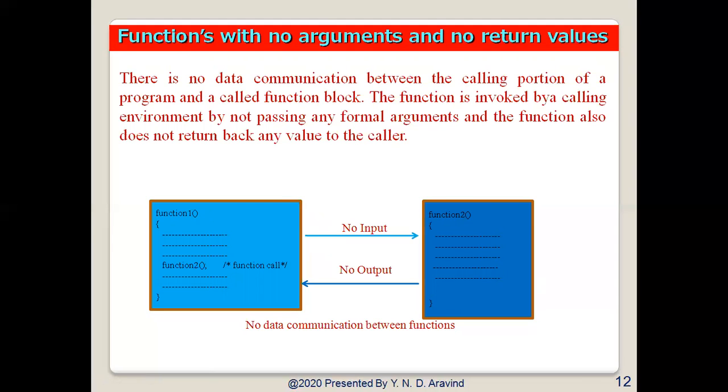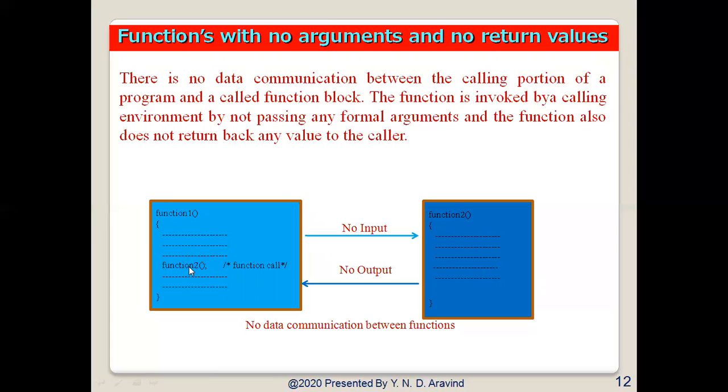The function is invoked by a calling environment. So here I am calling the function. This is what is called a calling function. In this calling function, I am calling function 2. So what is function 2? Function 2 is nothing but a called function.